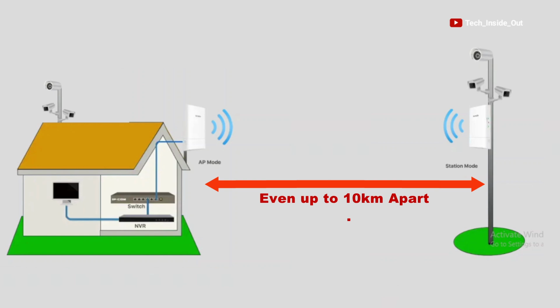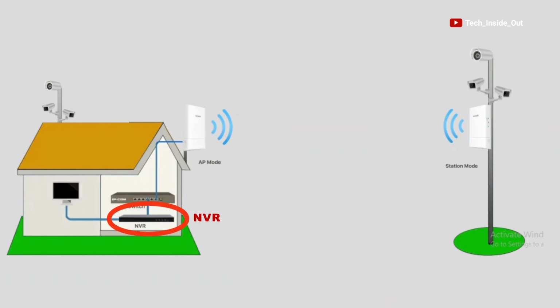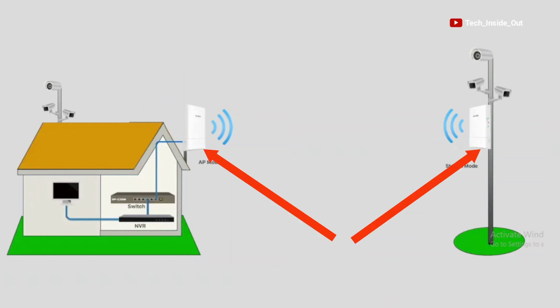The only way to be able to link these cameras and these ones together in order to have them on one NVR is to establish a wireless connection between this point and this point using these devices placed here called wireless bridges.